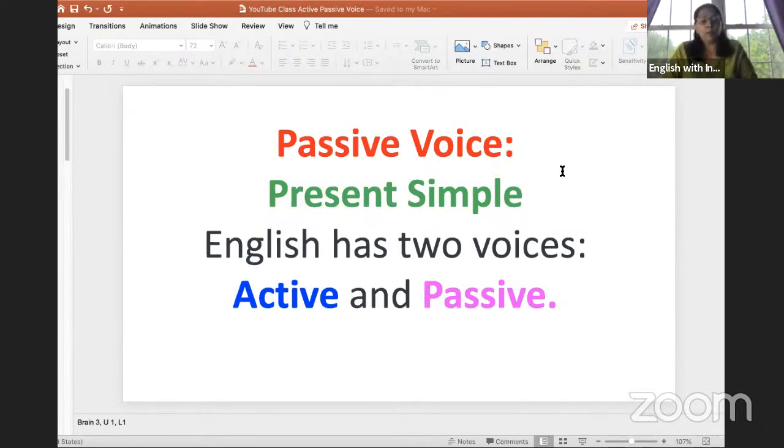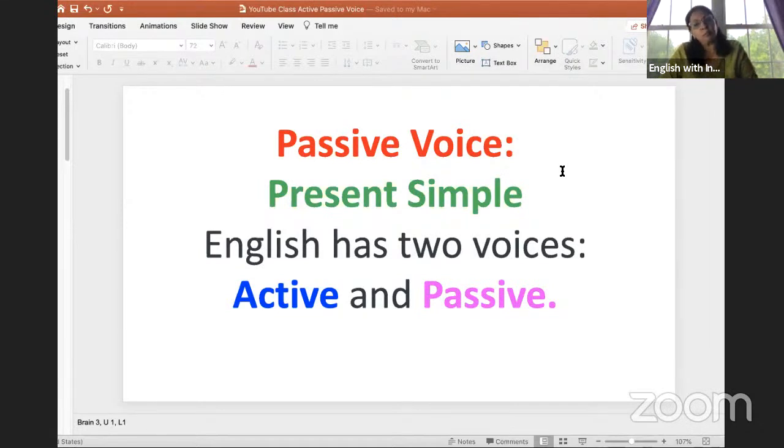I hope you all know that in English, we have two voices, active and passive. And I'm sure you all know what active means, right? And what passive means, right? Because I always say, I want everyone to participate actively, right? I do not want you to listen passively. So that means if you are active, you are doing the action.